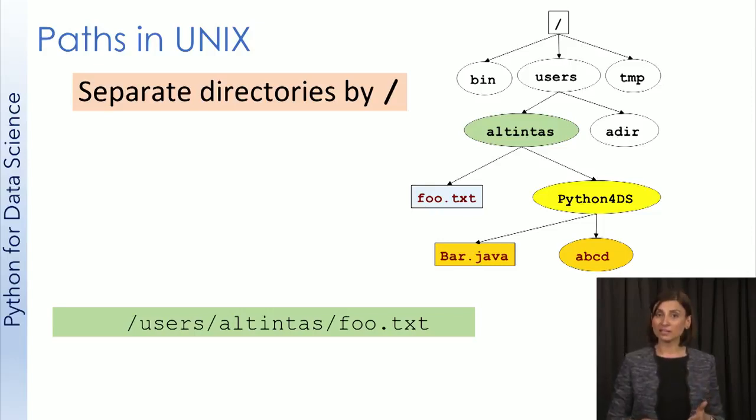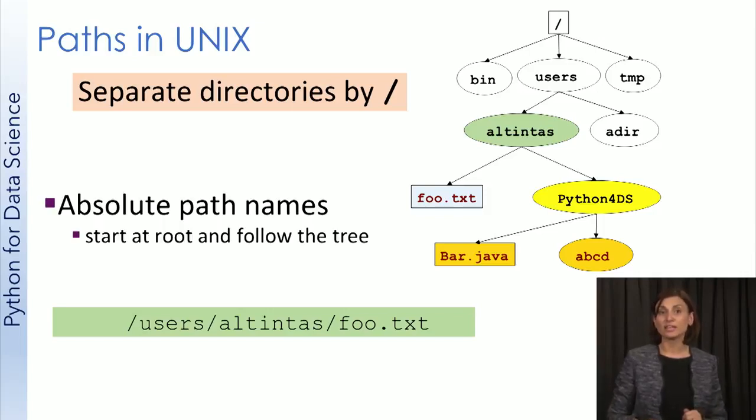We can start by the root and go through each directory separated by a slash to reach each file. This is called an absolute path. Here, we see an example absolute path for foo.txt, namely /users/altintas/foo.txt. If I use this absolute path, I can reach foo.txt anywhere throughout my Unix-based system.